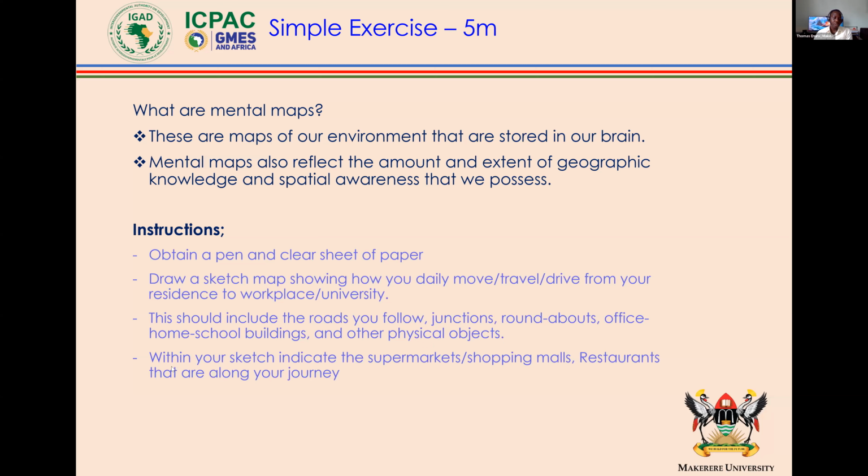The other tip is also that within your sketch, indicate in case there are something like a supermarket or a shopping mall, a restaurant, a church, or a mosque that you can maybe go through or pass along your way to your workplace from your home.